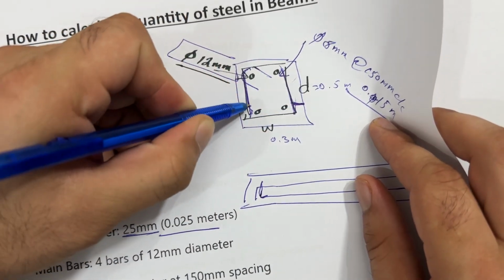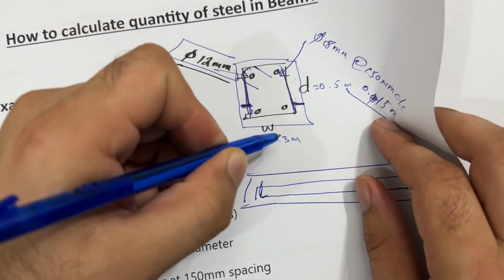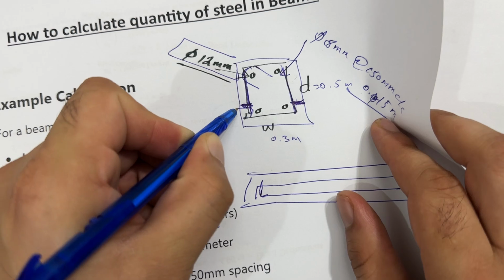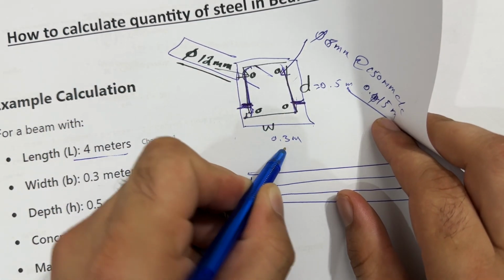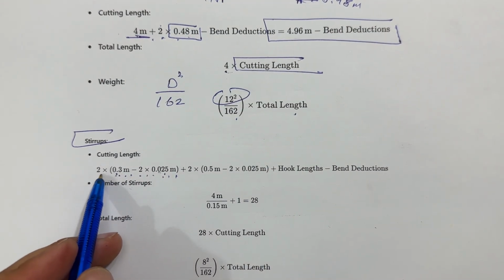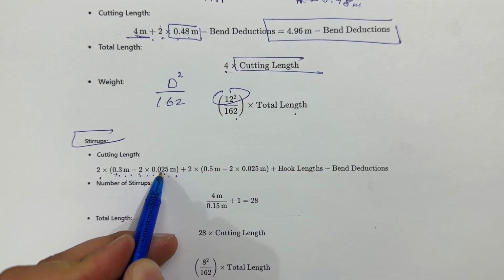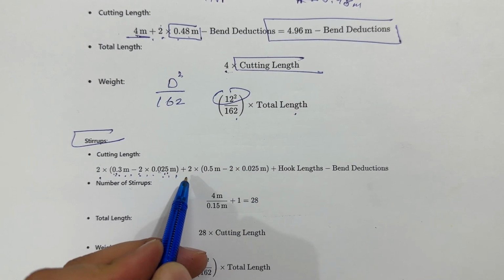This is concrete cover, this is concrete cover. From this 0.3 we deduct 0.025 from one side and 0.025 from the other side, because we have 2 sides of concrete cover.